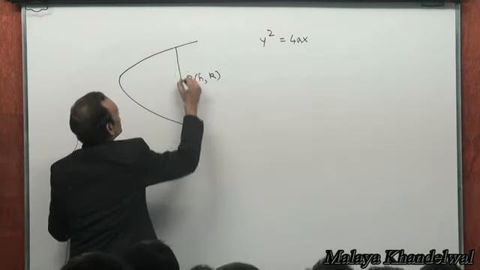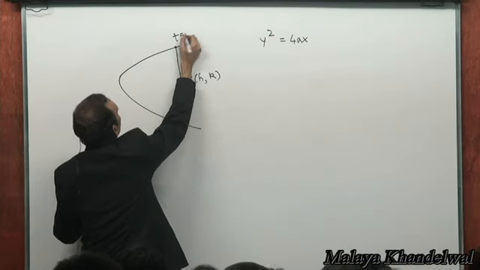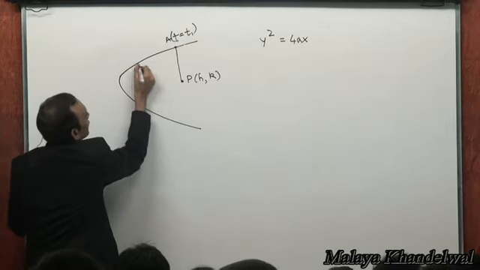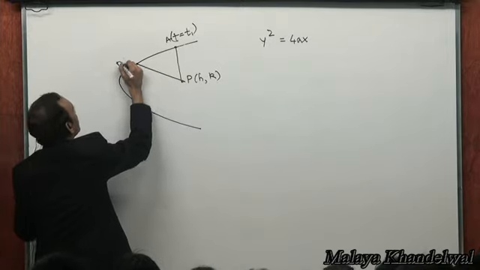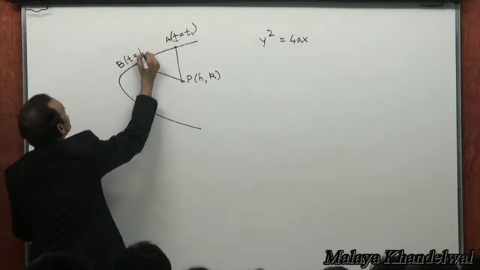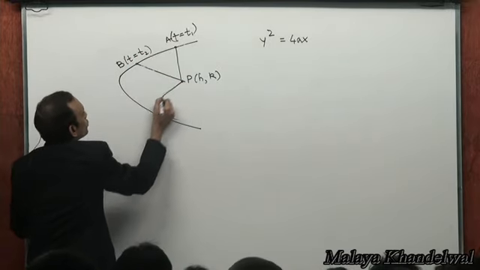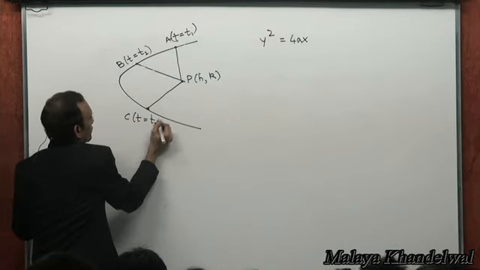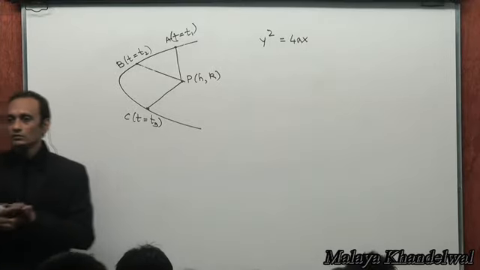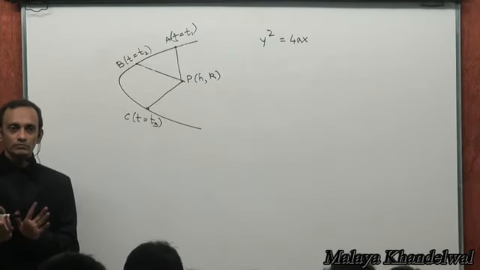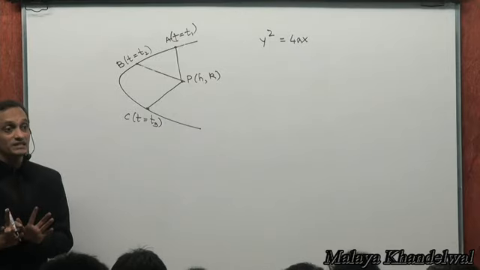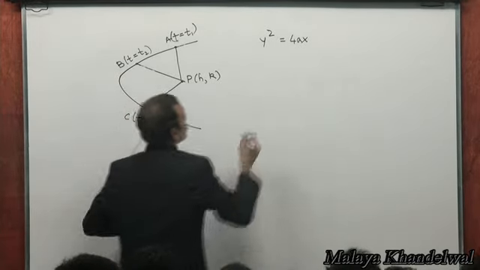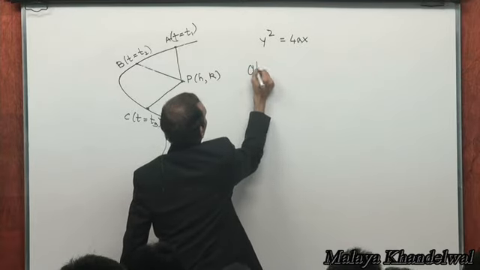A normal at t equal to t1, that means a point A. A normal could be drawn at B, which is t equal to t2, and a normal could be drawn at C, which is at t equal to t3. Right? A normal could be drawn at A, B, C, where t1, t2, t3, like I told you, are roots of this cubic.